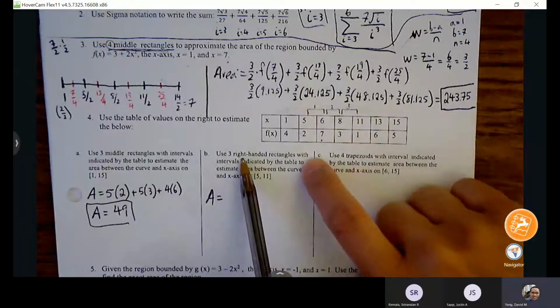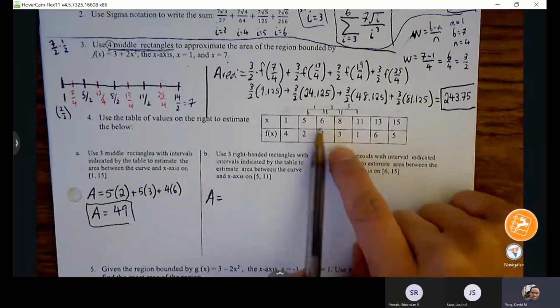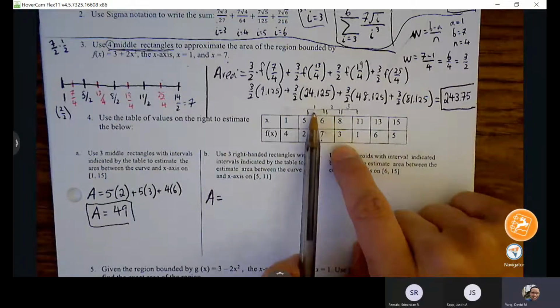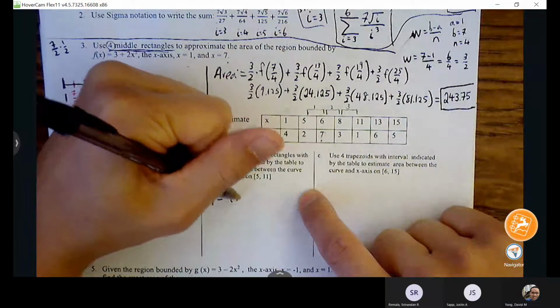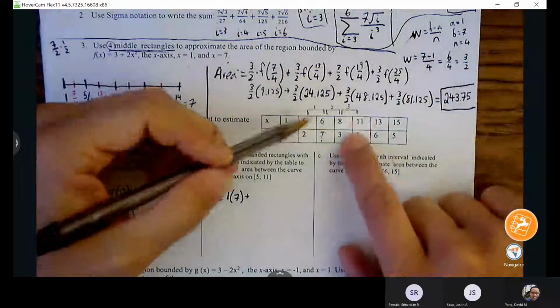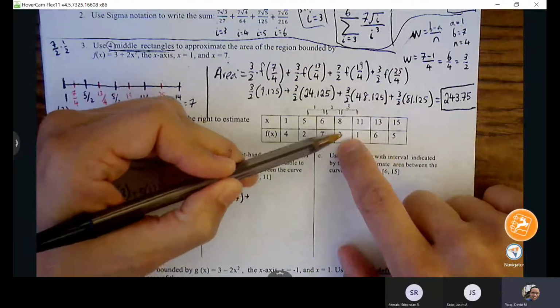We want to choose right-handed rectangles, so we want to choose the right endpoint of every subinterval. 7 is the right endpoint of the first subinterval, so 1 times 7 is the area of the first rectangle. Second rectangle, 2 is the width, 3 is the height.